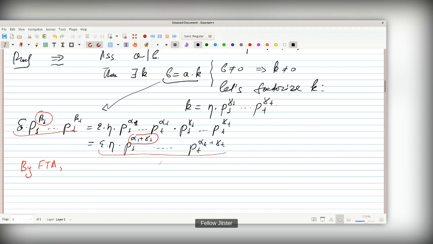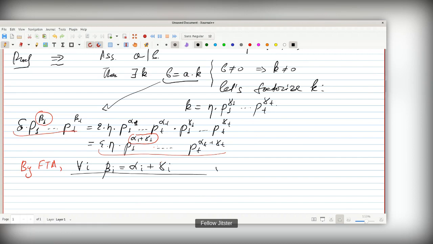That is, beta 1 must equal alpha 1 plus gamma 1, and the same for all i. Beta i must equal alpha i plus gamma i, because there is no other way to determine the degree of pi than to take it as beta i.